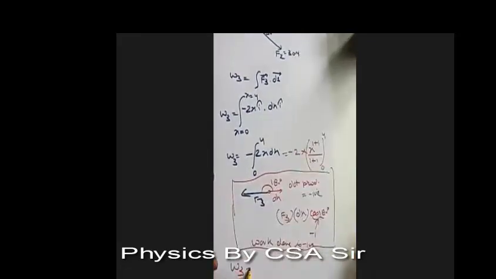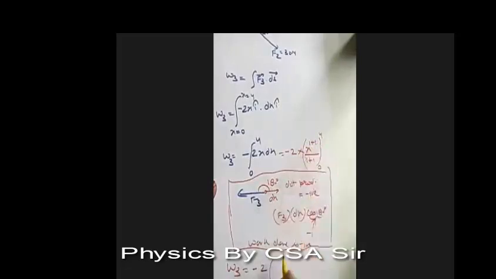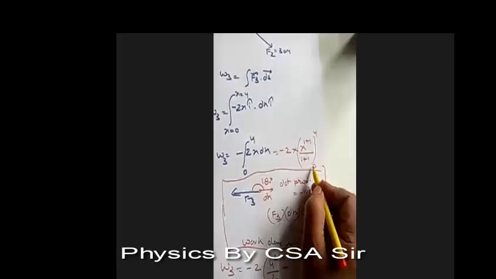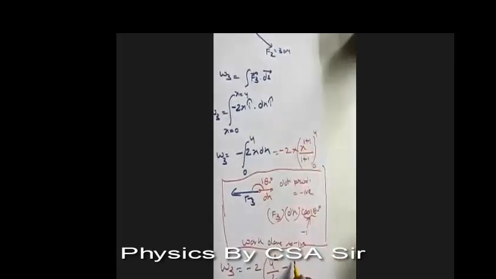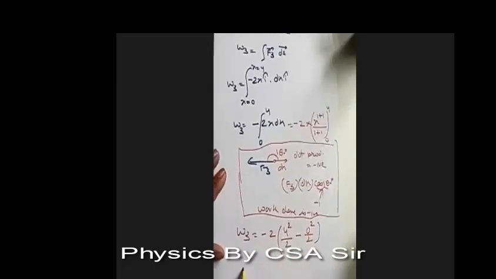So work done by third force is -2, पहले x की जगह अपर लिमिट पुट करते हैं, तो x की जगह 4 रखेंगे, तो 4 की पावर 2 डिवाइड बाय 2, फिर लोअर लिमिट रखते हैं, x की जगह 0 रखेंगे, तो 0 टू पावर 2 डिवाइड बाय 2 इज 0 ओनली. फिर 16, 4 का स्क्वायर, 16 डिवाइड बाय 2 दैट इज 8, 8 into 2 16. तो इसलिए वर्क डन बाय द थर्ड फोर्स इज कमिंग अप टू -16 जूल्स. क्या सबको क्लियर हो गई ये बात?